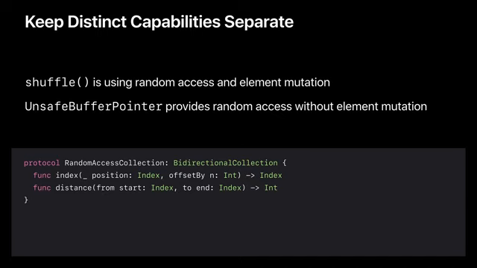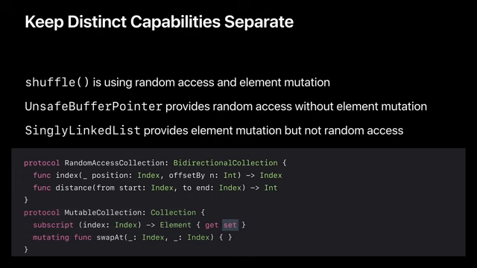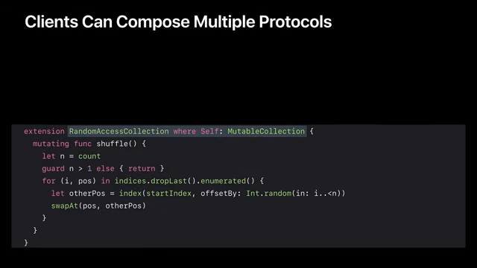That's a separate capability. So we also have the immutable collection protocol here. And we can think of types that allow mutation but not random access, like the singly linked list that we talked about earlier. Now you'll notice that we've essentially split the inheritance hierarchy here. We've got the access side for random access, bidirectional, and so on, and then we've got this mutation side. That's perfectly fine because clients themselves can compose multiple protocols to implement whatever generic algorithm they're doing.